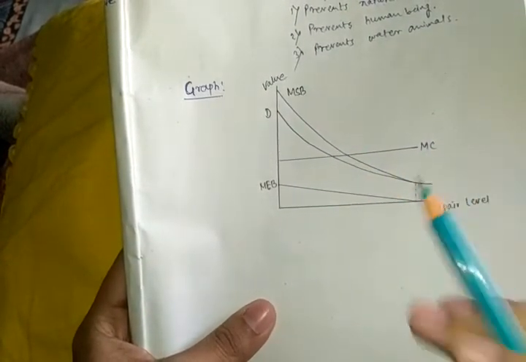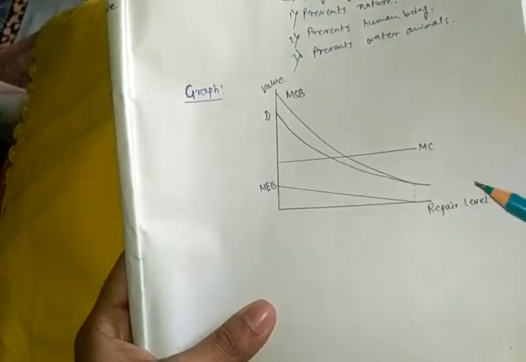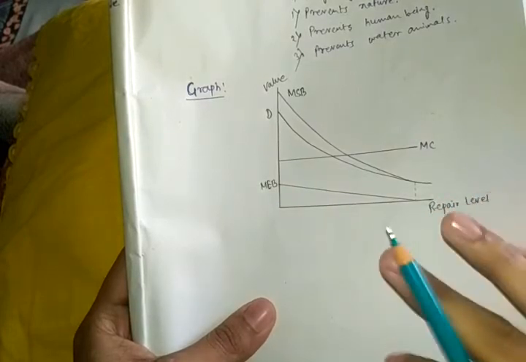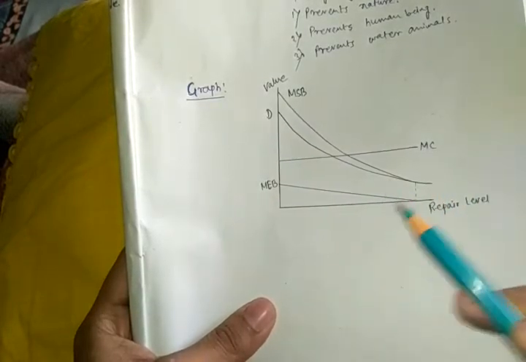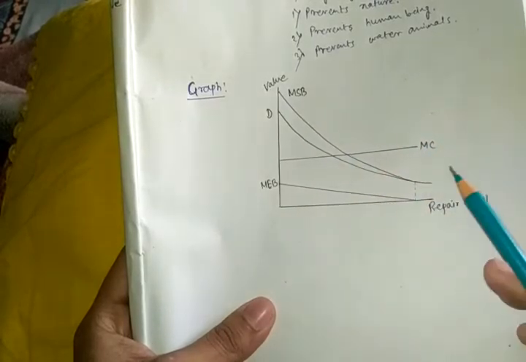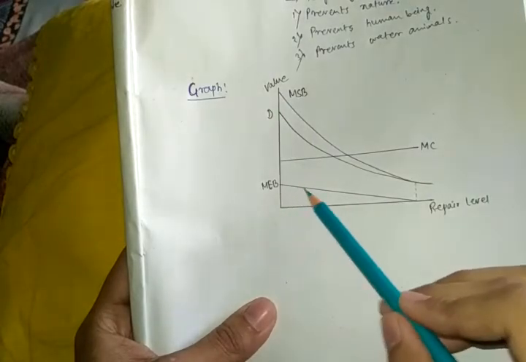Why? The reason is very clear. If the phone is not working, or if the phone hangs, or it gets slow frequently, then definitely there will be so many obstructions in the classes itself. So the marginal external benefit is also downward sloping.